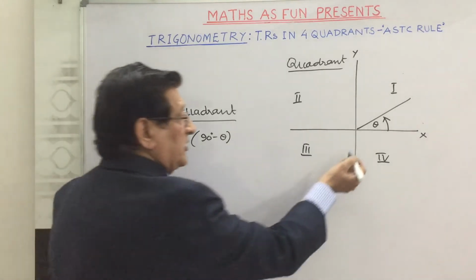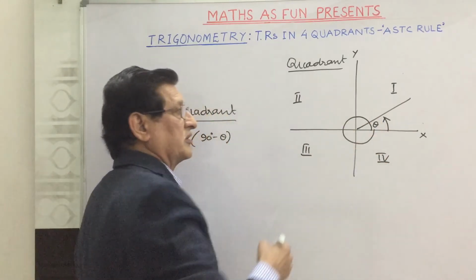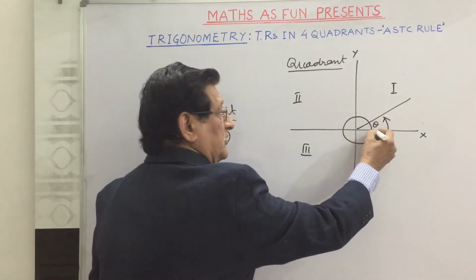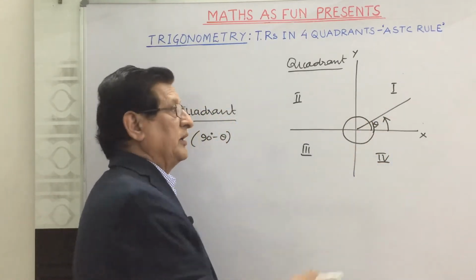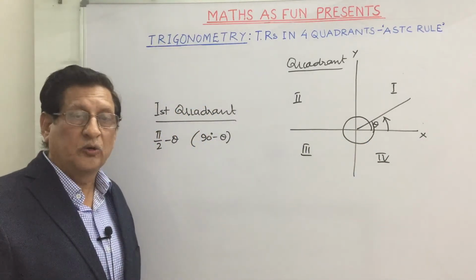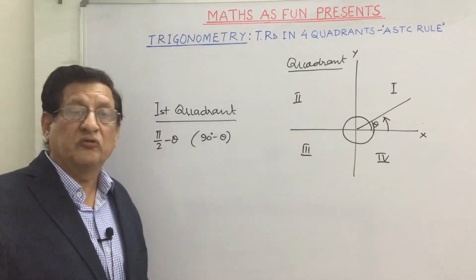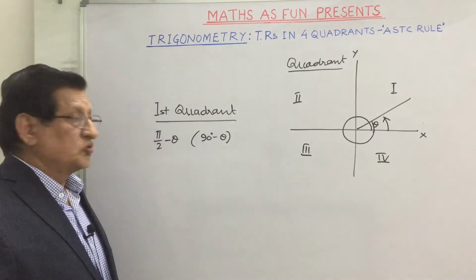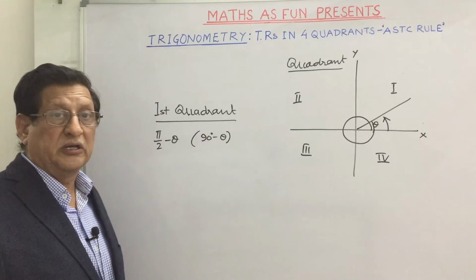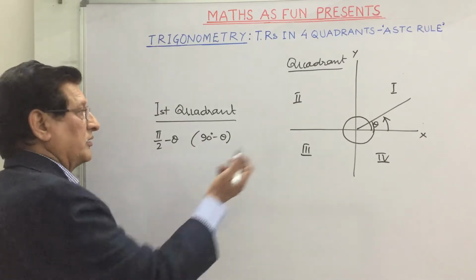Furthermore, when this radius vector completes one round in this direction and moves further for theta angle, it comes again to this. It means after completion of 360 degrees or 2 pi radians, the revolving line comes again to the first quadrant. So we can say that an angle greater than 2 pi in radians or greater than 360 degrees will lie in the first quadrant.